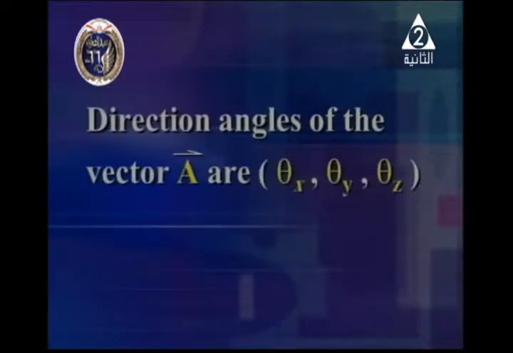Dear students, the direction angles of vector A are theta x, theta y, theta z. The direction angles of the vector A in space are theta x, theta y, theta z.